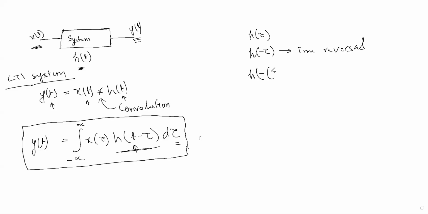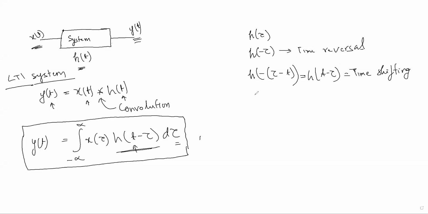This is similar to h of t minus tau. So this is a shifting, a right shifting. After reversing the signal, you take the right shift, so the time shifting operation will also be there in the convolution.